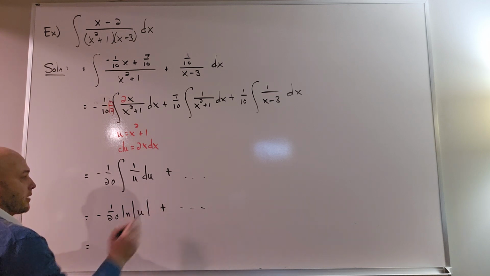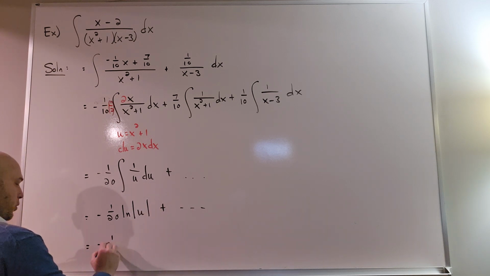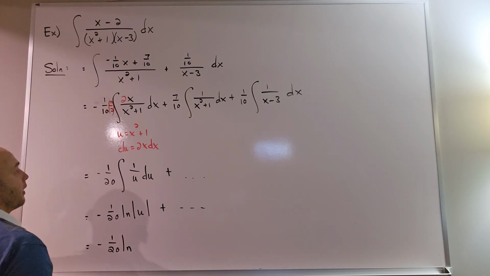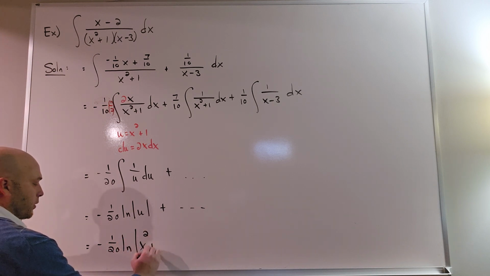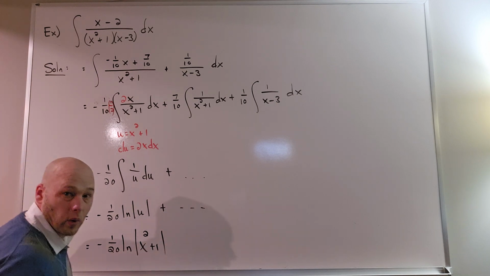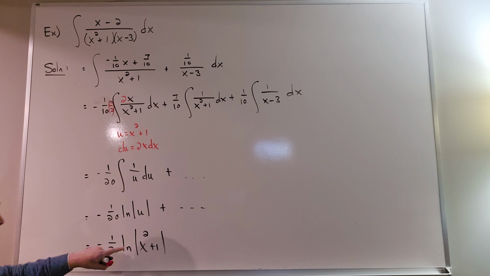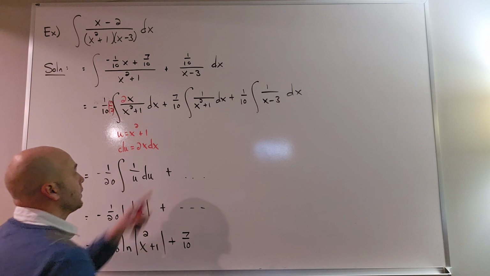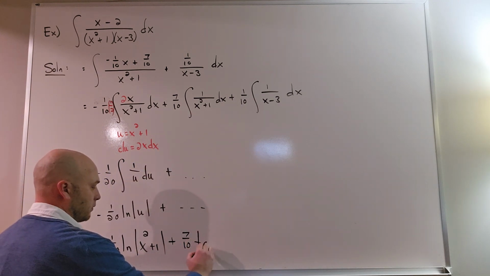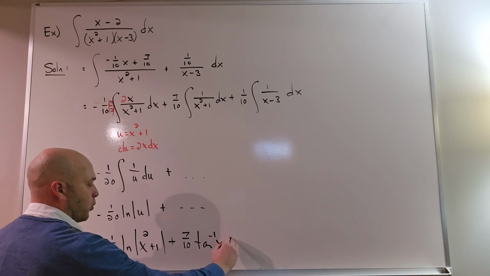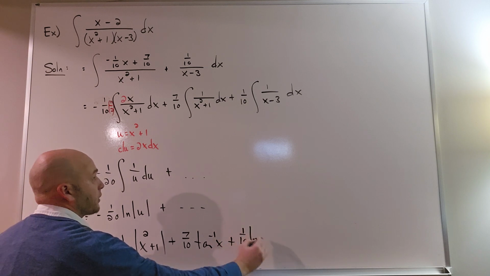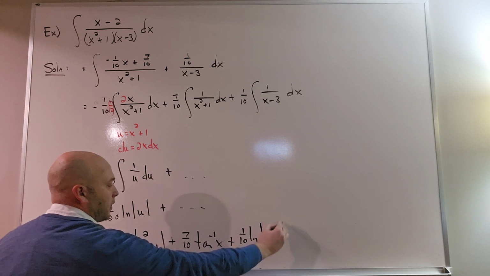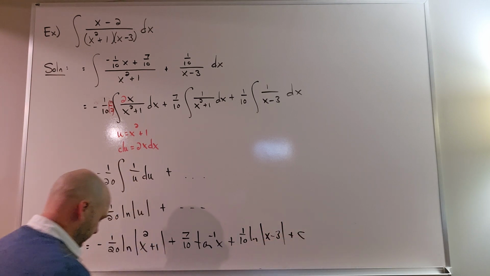And then now we go to the last statement, which would give me negative 1/20th natural log absolute value of x squared plus 1. Of course, x squared plus 1 for real numbers is always strictly positive. Absolute value bars are redundant, but it's a good idea to at least initially put those in there. And then plus 7/10. This one again was an inverse tangent. Last one, plus 1/10 natural log absolute x minus 3. And then plus c.